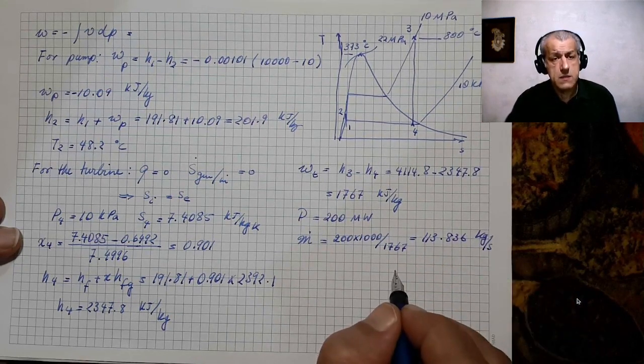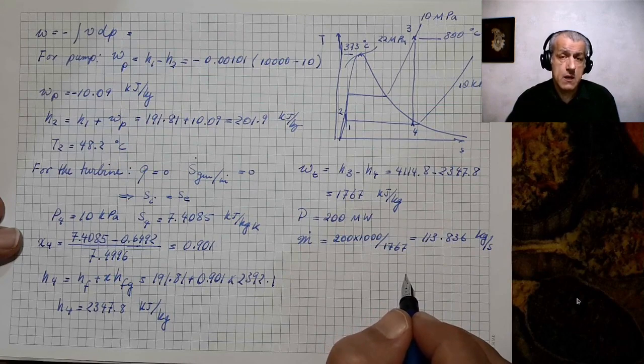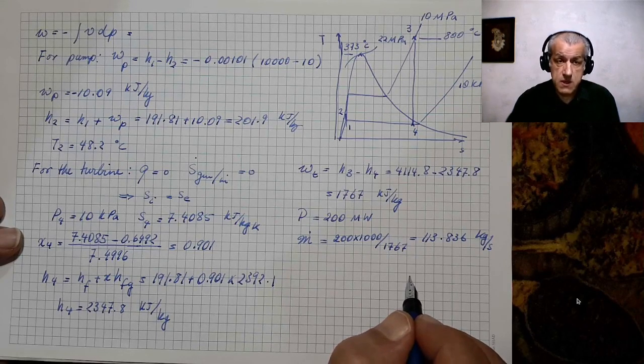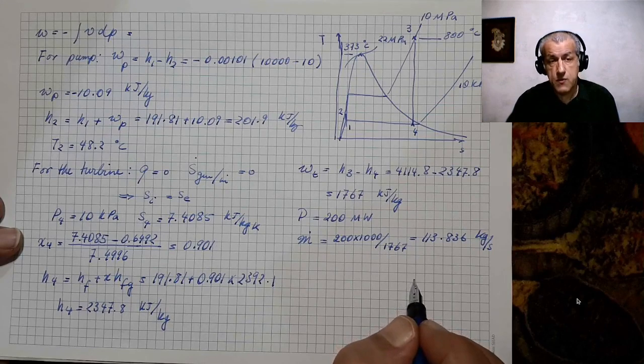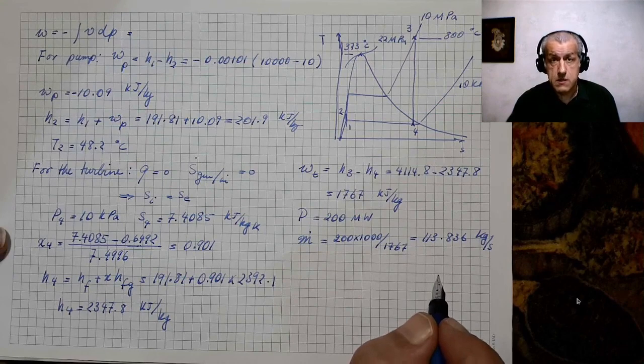That's a large value for mass flow rate, and this is why steam power plants are usually installed in places where there is plenty of water. Not only do they need such water for their condensers, but even the water required for the cycle itself is quite a large value.